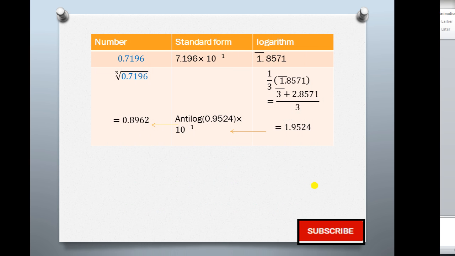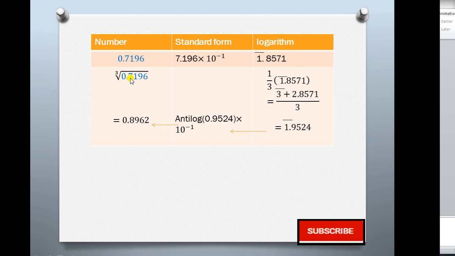Let's look at part B. In part B, they talked about logarithm tables. They wanted us to get the cube root of 0.7196. Now, 0.7196 as a number, before you talk about the cube root, can be written as 7.196 times 10 power negative 1. And under logarithms, you write 1 bar 0.8571.